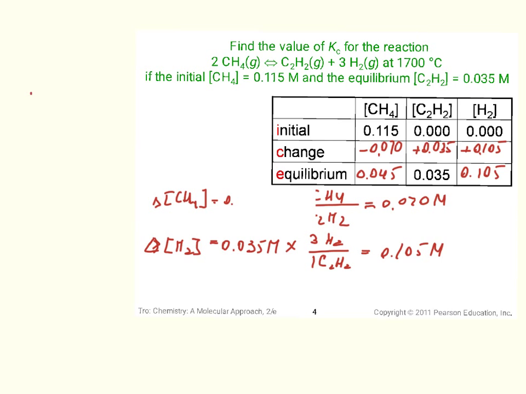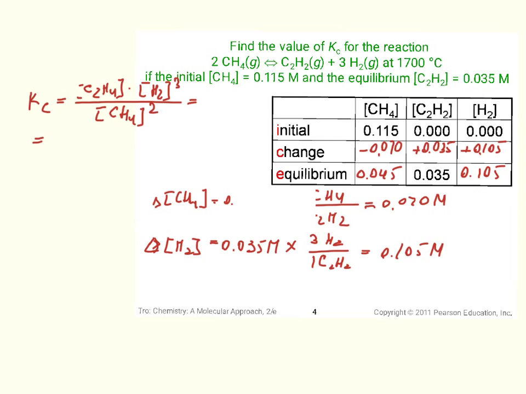The only last step left is to set up the equilibrium constant expression for this process, and this is the concentration of acetylene times the concentration of hydrogen cubed over the concentration of methane squared.